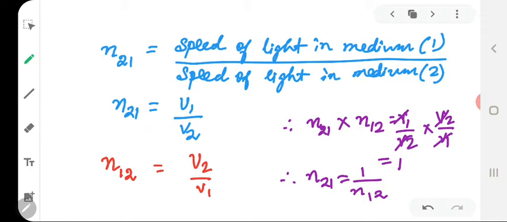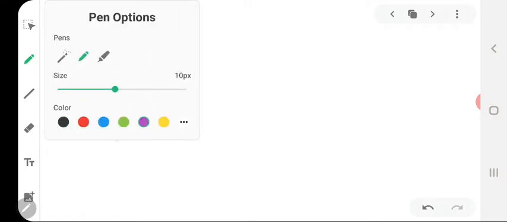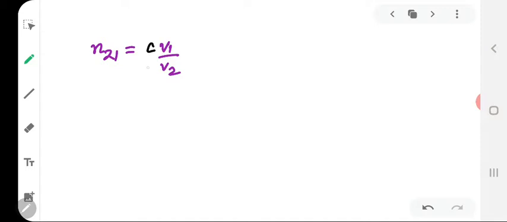Now let us use the first equation that we have written for refractive index. On multiplying the right hand side of this equation and dividing it by c, that is speed of light, what shall we get?